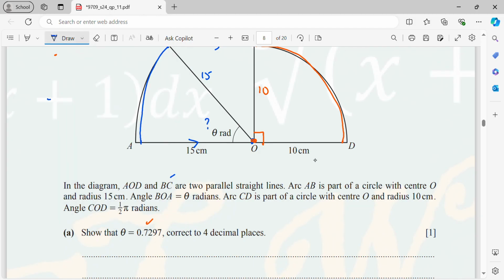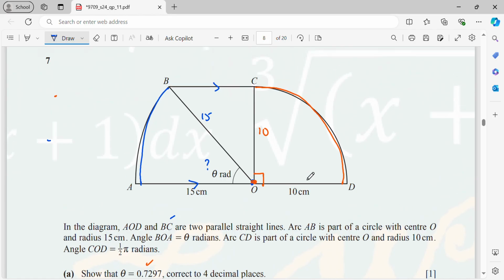So to show the theta, I need to look at this right angle triangle, because here is 90, here is also 90. You can find out what this angle COB is, because we know that this is the opposite side, here is the hypotenuse and this is the adjacent.